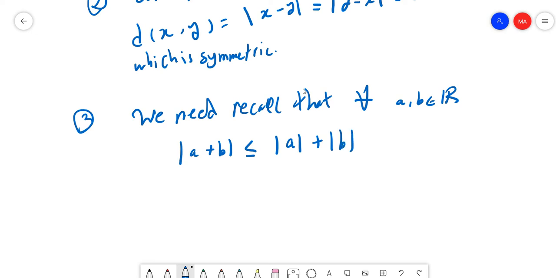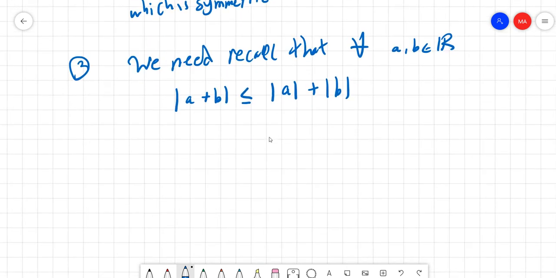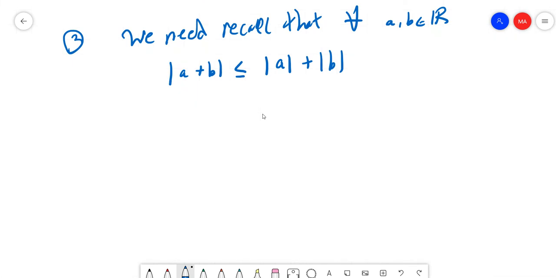We will use this inequality. This is the celebrated inequality called the triangle inequality for reals.